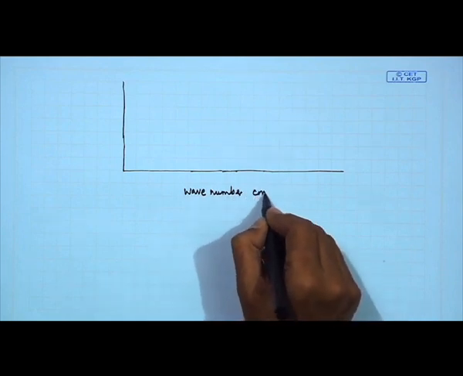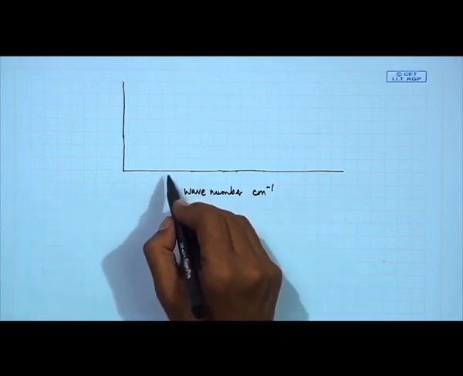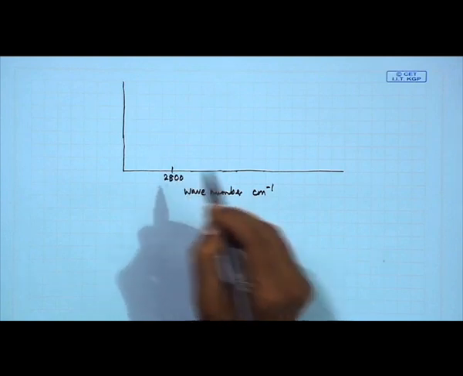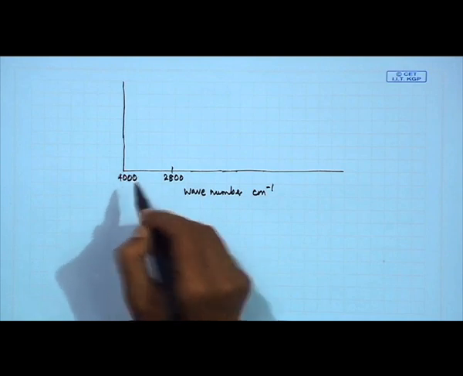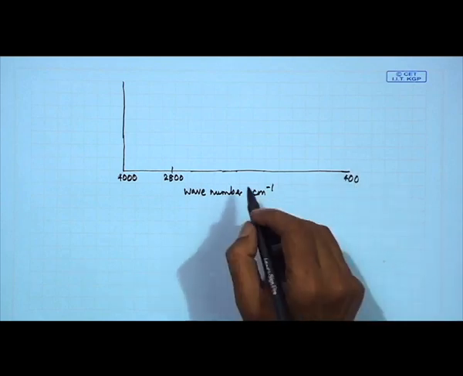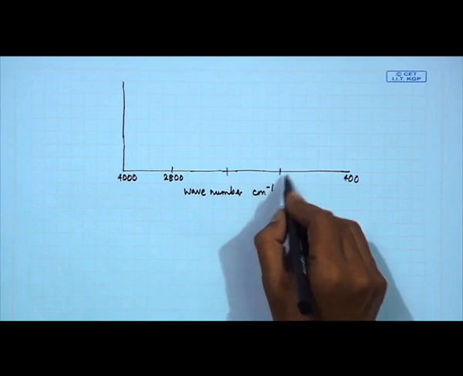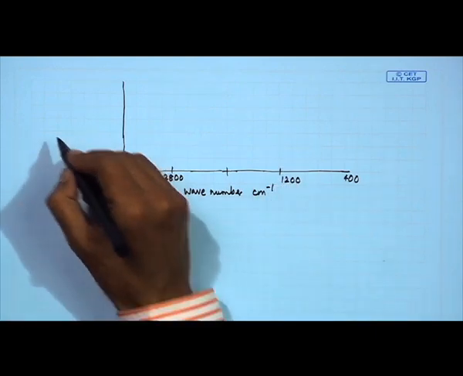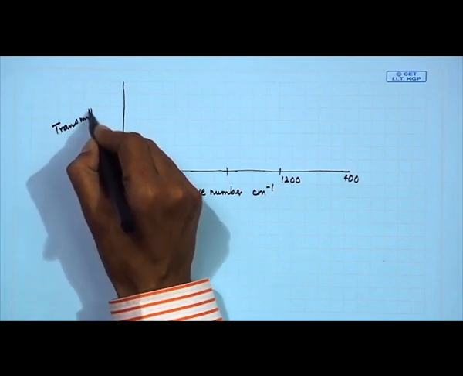Now it is in wavenumber, centimeter inverse, and we can have a centimeter inverse of say 2800, because we start from 4000 to 400, this is the normal range, and we can have some point over here, also 1201, and this is now your transmittance.